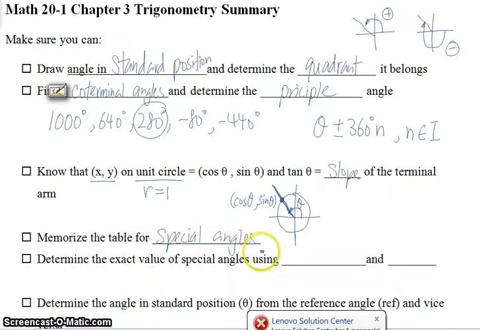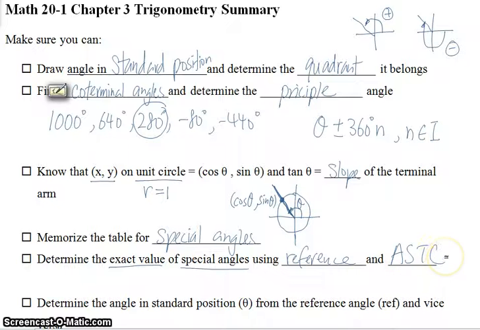Once you have the table in front of you, you can use it to determine the exact value of the special angle using the reference angle and ASTC (add sugar to coffee). For example, if I ask you, what is cosine 210 degrees?